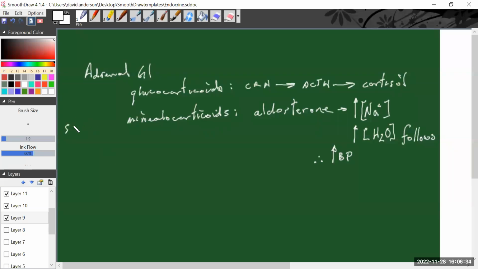So a stimulus could be low sodium or low water. Well, no, let's take that out. We don't want that to just confuse us a little bit. You'll see why in a little bit. Or low blood pressure.